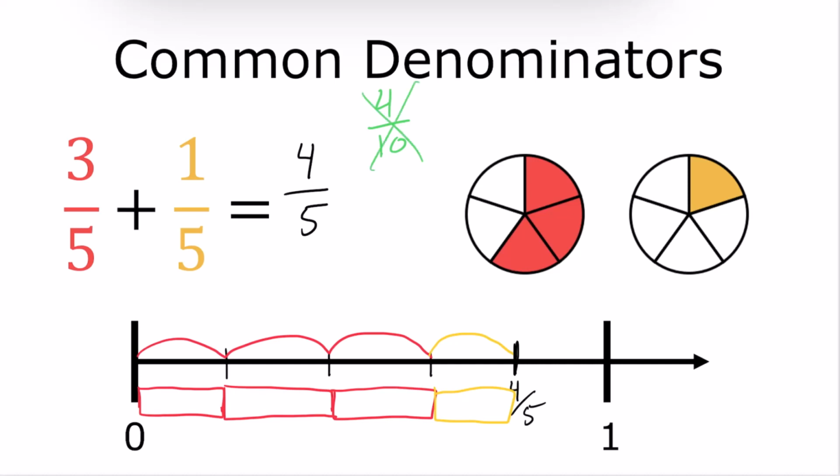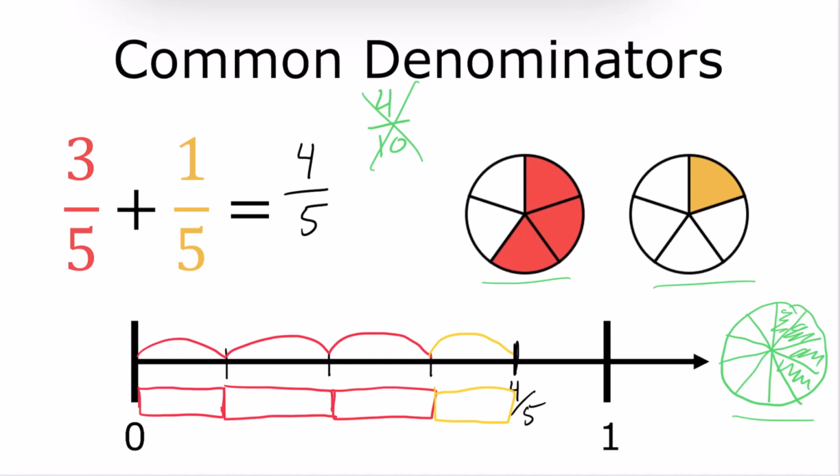Because if you were to draw a picture of 4/10, you'd have a circle that's split up into 10 pieces. Let's see if I can make it like this. And you would have 4 of them shaded. And when you draw a picture of it, it's really obvious that this circle plus this circle could not equal this one. But conceptually, they may make that mistake if you don't show them a visualization of it.